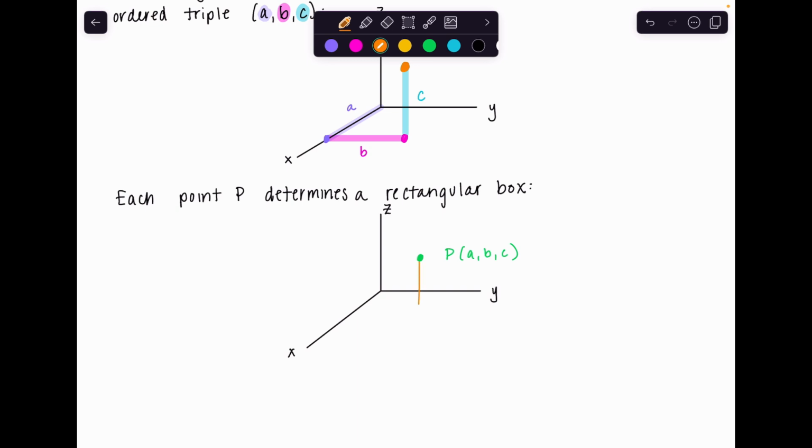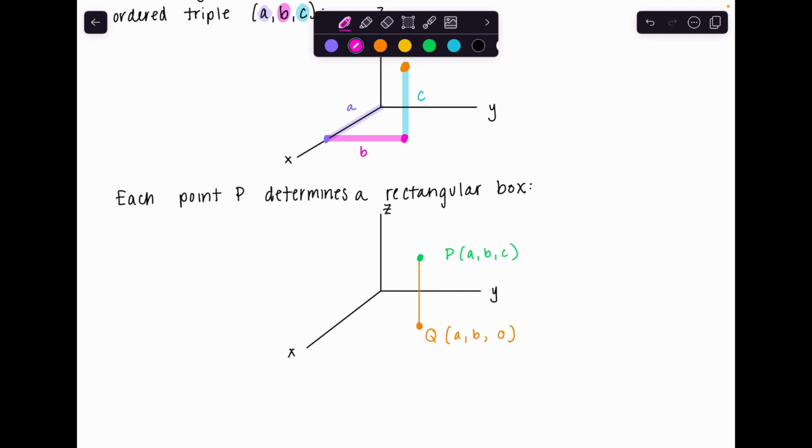So the first perpendicular I'm going to drop down is to the XY plane here. And I'm going to call this point Q. So this point is on the XY plane. It means I'm not touching the X or Y values, but I'm making that value of Z to be 0.